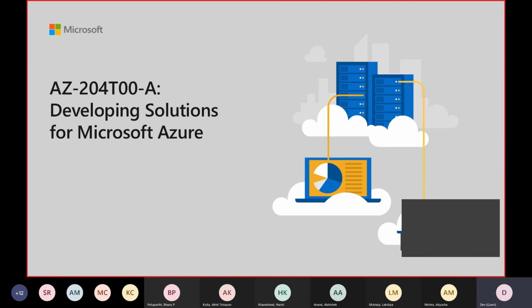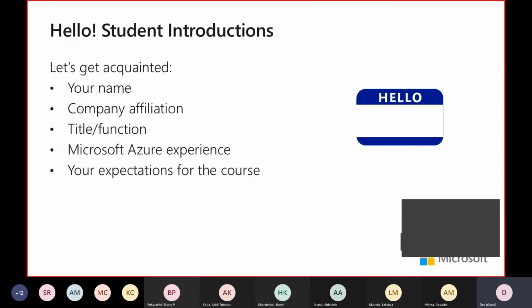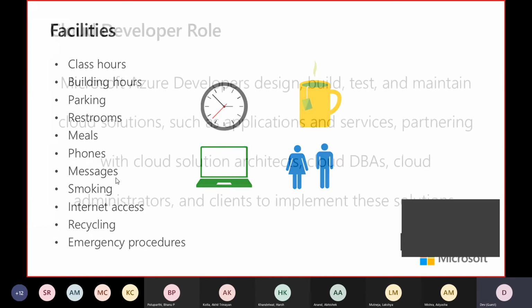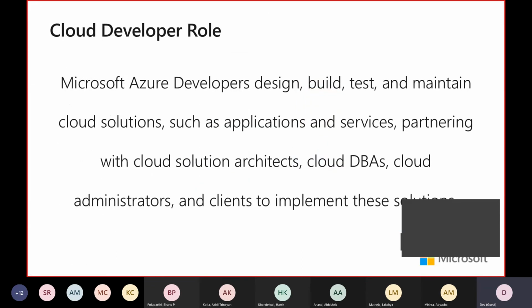Okay. So let's start with developing solutions for Microsoft Azure. If you want to use any of the services, you are good to go. Now, what is the cloud developer role? Microsoft Azure developers design, build, test, and maintain cloud solutions, like application services, partnering with cloud solution architects, cloud DBAs, cloud administrators.